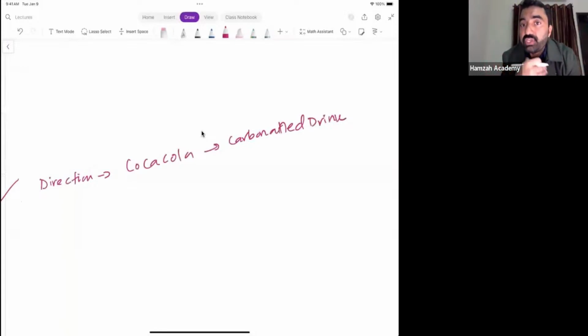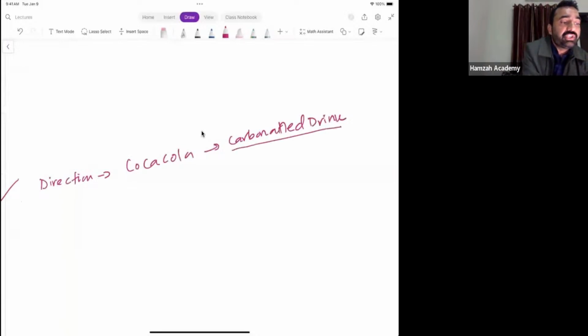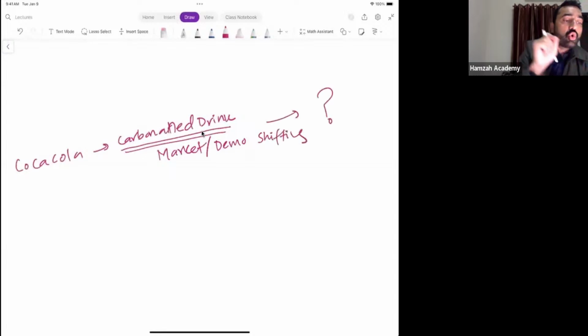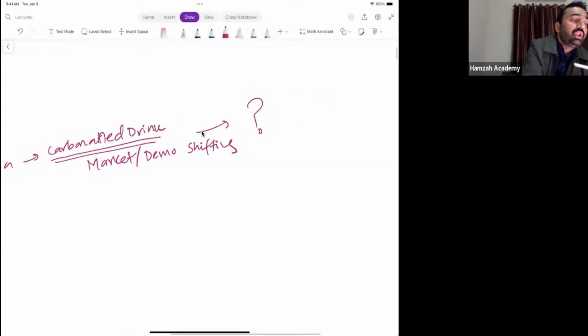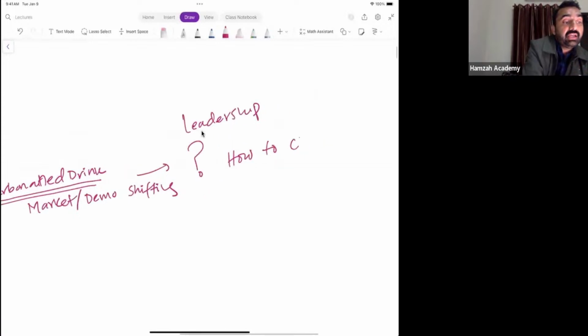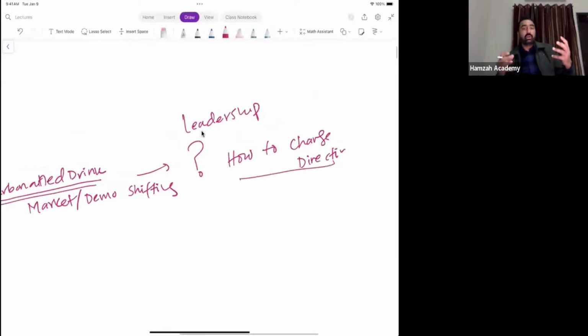But the market is shifting, because the young generation, the youth, is less interested in carbonated drinks. Markets and demographics are shifting. So now the big question for Coca-Cola management and leadership is how to change the direction of the organization.